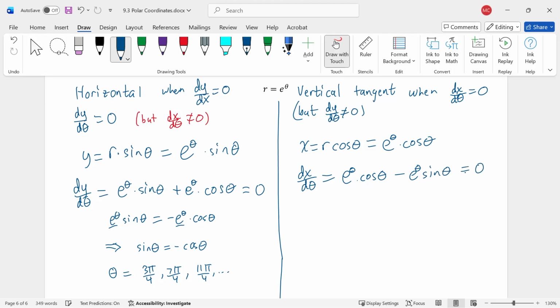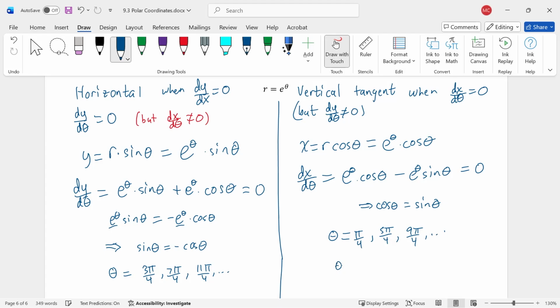In this case, this will equal 0 when cosine of θ is equal to sine of θ. That means θ is π/4, or 5π/4, or 9π/4, and so forth.